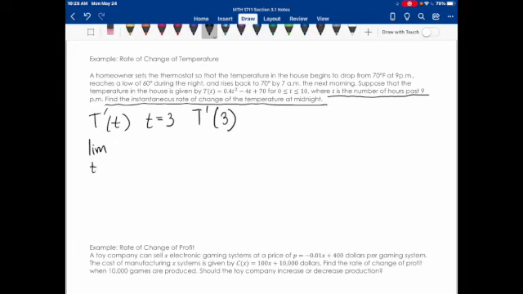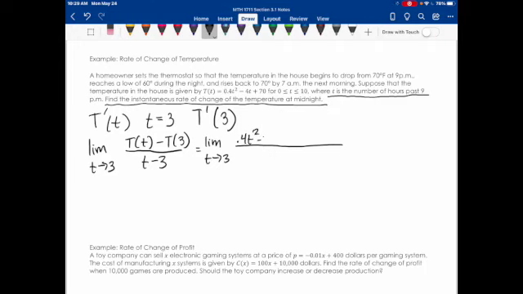So we're going to use the definition. We're going to find the limit as t approaches 3 of the function minus the value of the temperature at 3 over t minus 3. And that's going to give us the limit as t approaches 3.